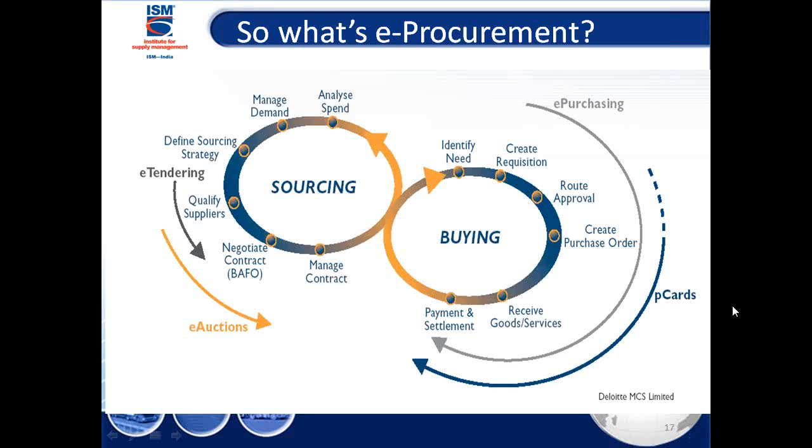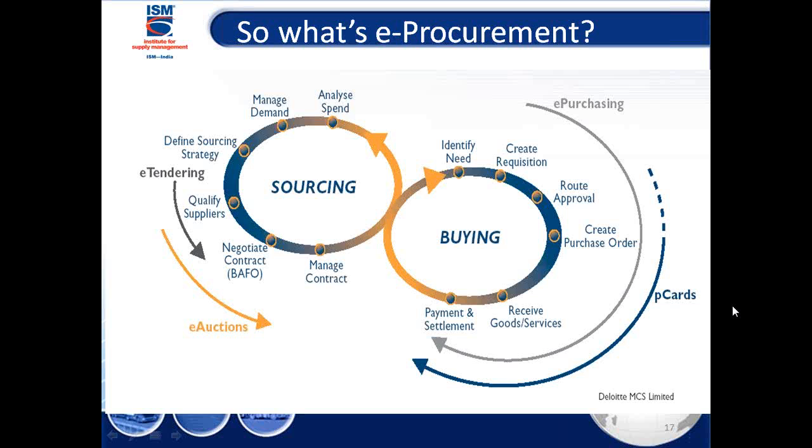So in short, this buying is a very small version of the bigger picture. If you're doing P2P, that's a buying function. To me, it is a very tactical, operational function. And this tactical function, even if you bring in e-procurement, except that you're automating some of the process, will not generate enough benefits for you.